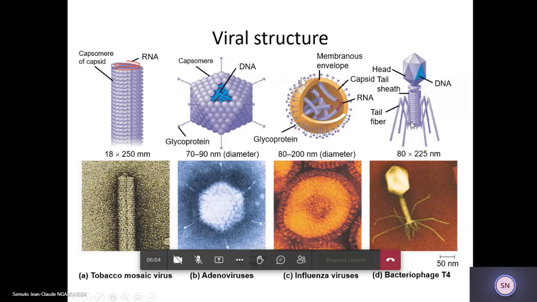So as you see, even on this, we have this outer layer, which is the envelope, and you have the capsid with nucleic acid in. This is the graphical representation, and this is the electron microscopy photography: adenovirus, tobacco mosaic virus, influenza virus, which is enveloped like this, and this T4 bacteriophage.